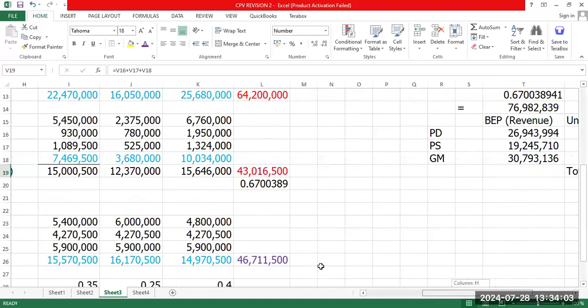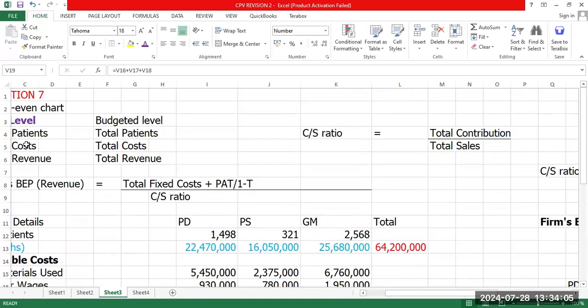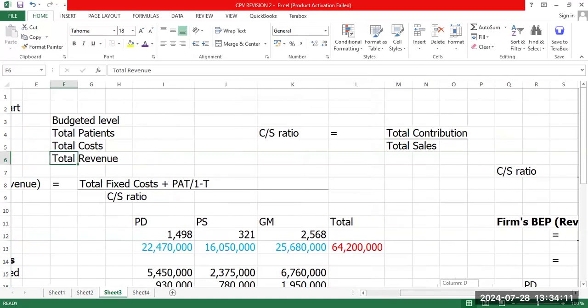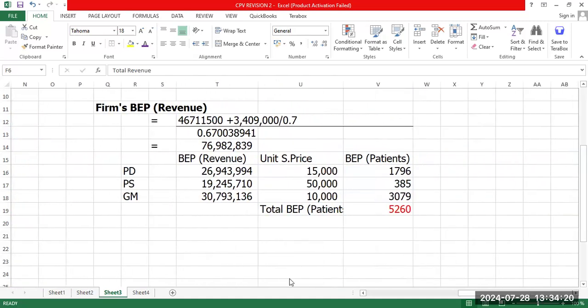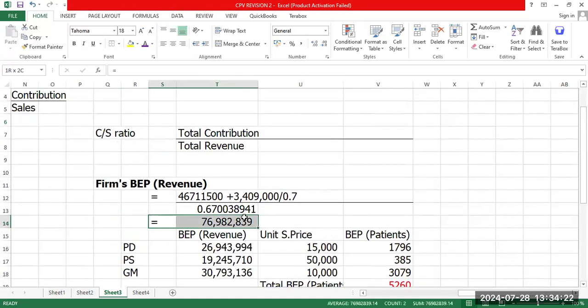Then what else do you need? You need the total break-even point in terms of revenue, which we have. The farm's break-even point, we have it. The overall, we have it.